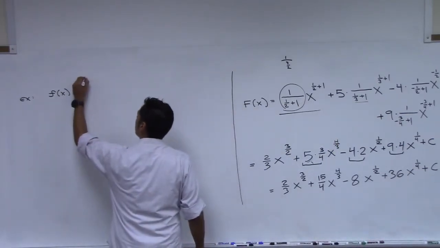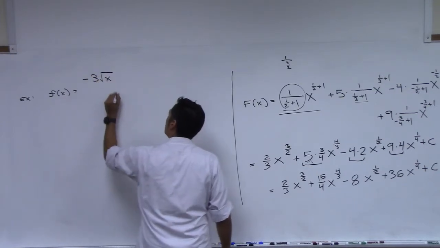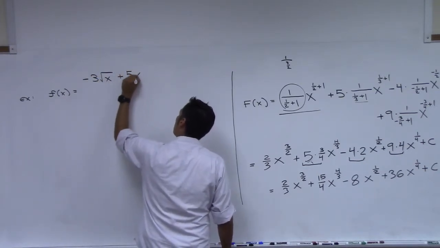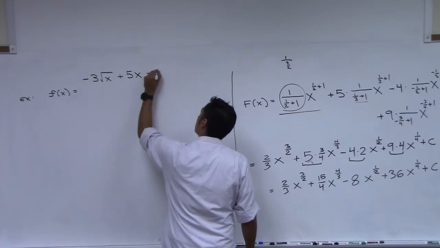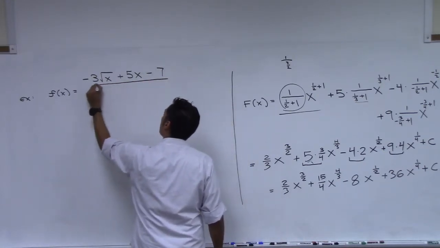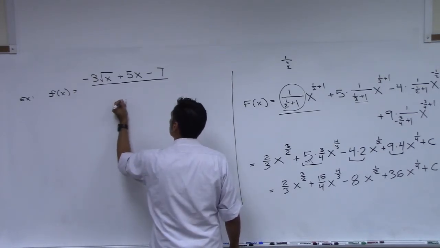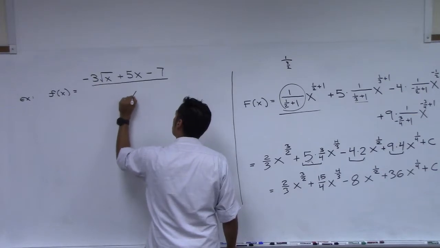How about this? -3 root x plus 5x minus 7 over x squared.